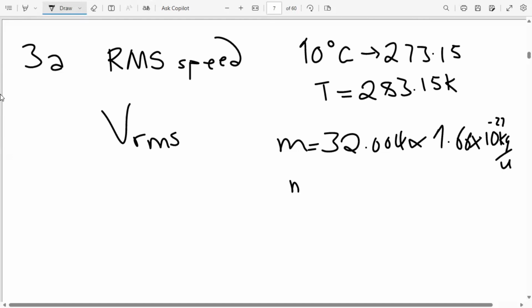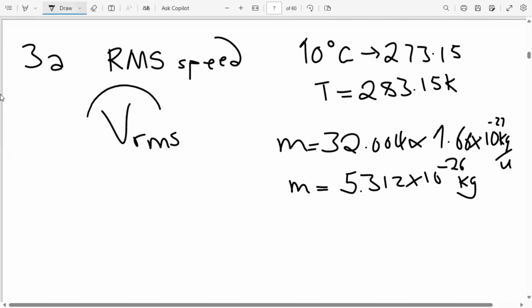So that means our new mass will be equal to 5.3312 times 10 to the power minus 26 kilograms. This is our new mass.